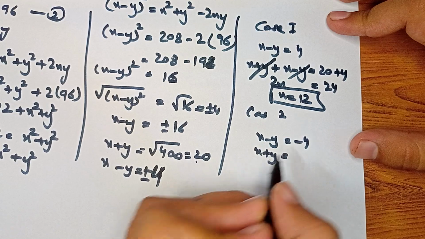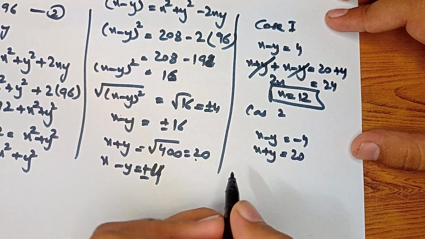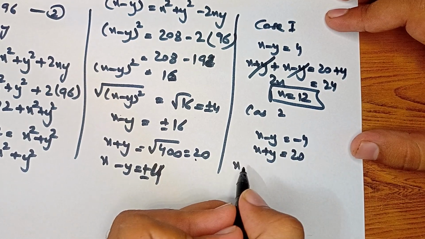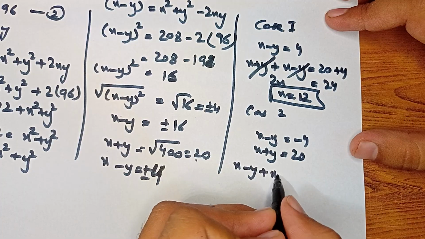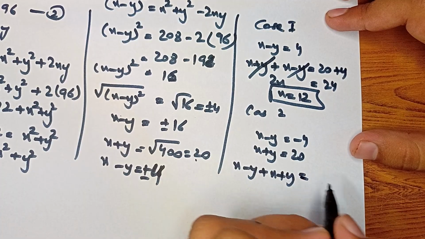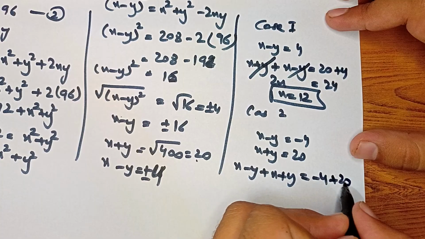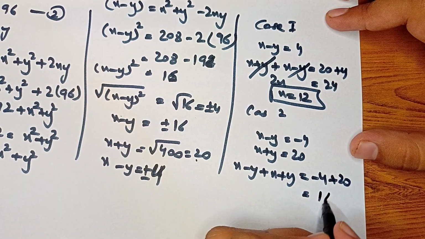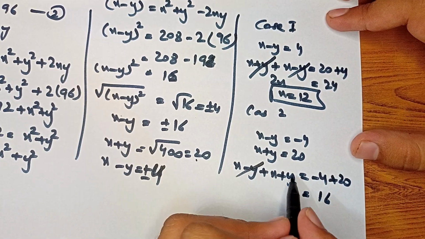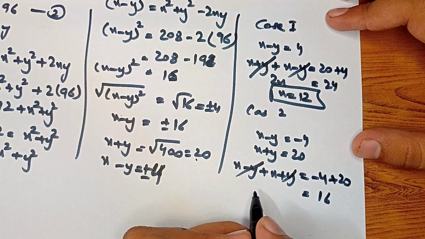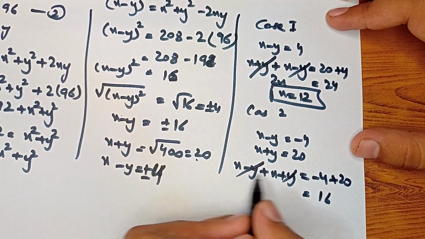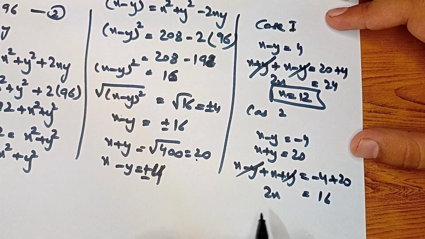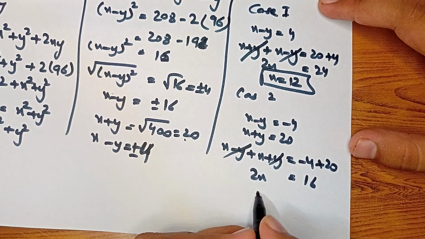Then for the other case, where x − y is minus 4, we already have x + y, which is 20, so add those values. This gives 16, and y cancels out, 2x is combined, so 2x equals 16 and x should be 8.